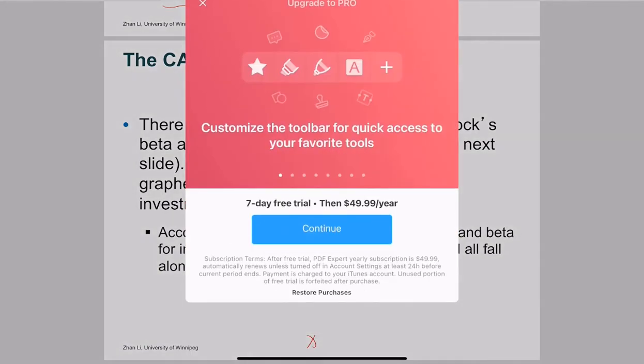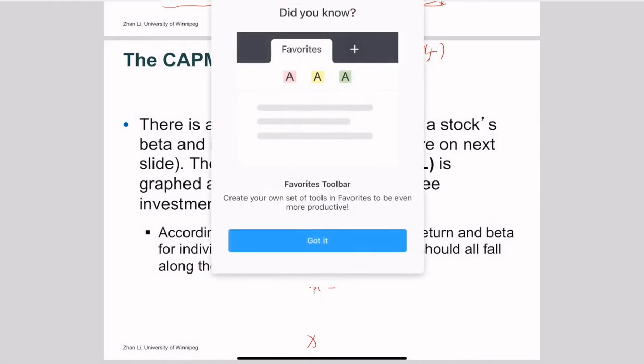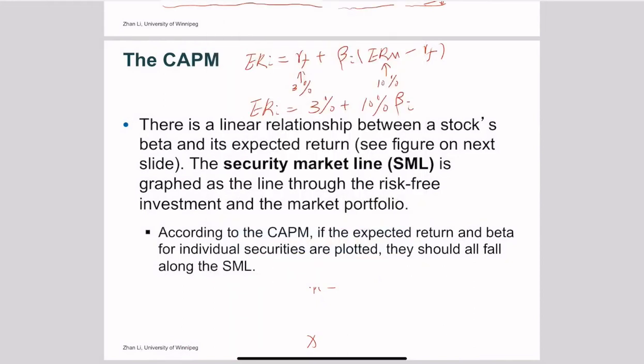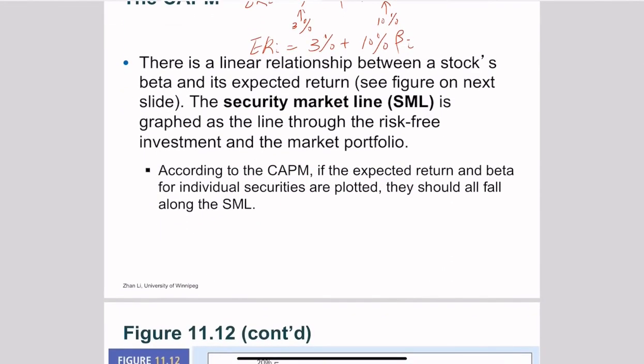Now how do you draw out this CAPM model? It's the same thing here. You put beta I on the horizontal axis and the expected return of investment I on the vertical axis. What is the vertical intercept? It's the risk-free rate, 3%.